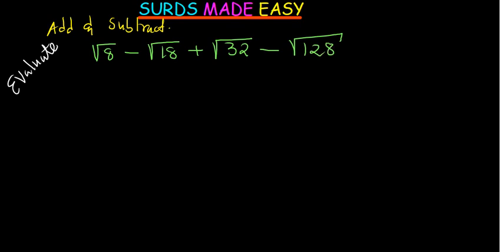So this is the question. Evaluate the square root of 8 minus square root of 18 plus square root of 32 minus square root of 128. So how can we do it?